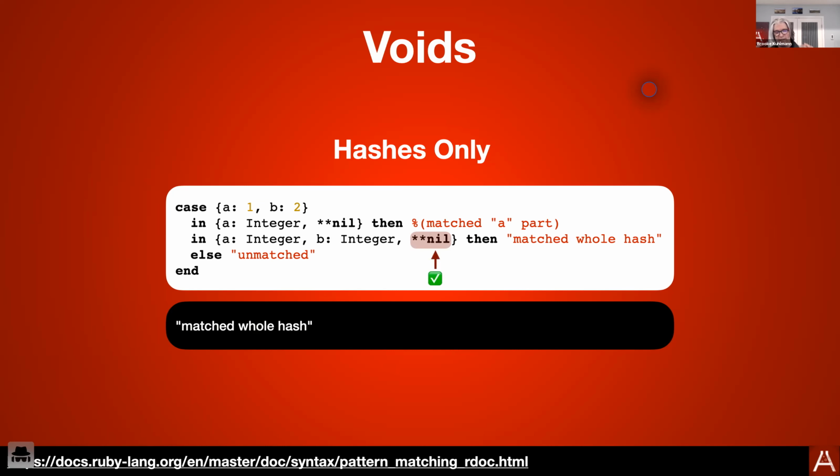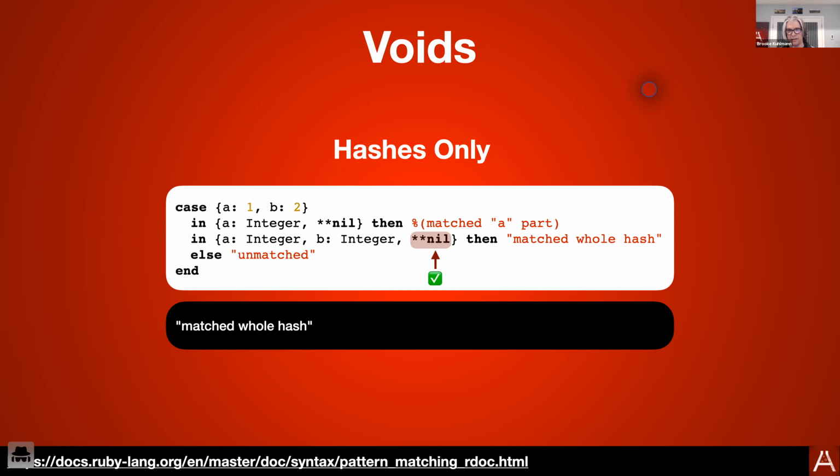But the way this works is, if you remember when I was showing you how arrays are whole value, whole pattern matches, and hashes are partial matches by default, well, with this technique, by using nils, this basically forces hashes to work like a whole pattern match like an array does.